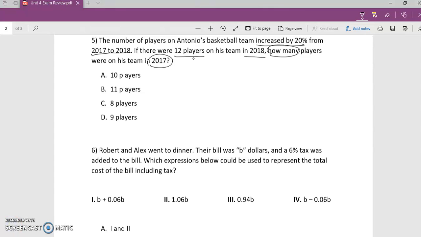Okay, so in 2017, we had 100% of the players, and in 2018, they added 20%, so it's like we had 120% of the original amount.